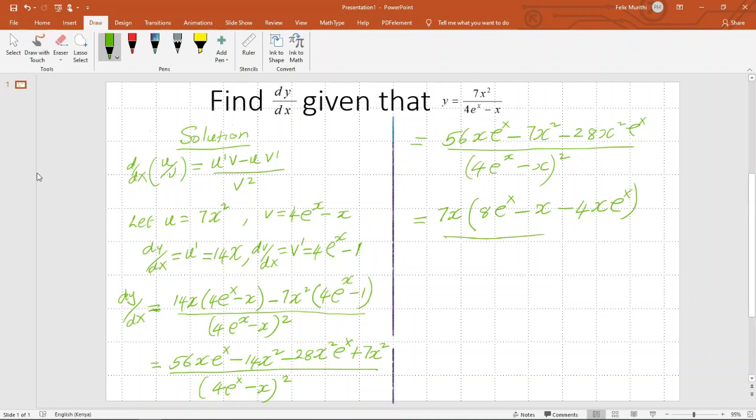This is all over 4e^x minus x, squared. So this cannot be simplified any further, and therefore this gives us the answer to our problem.